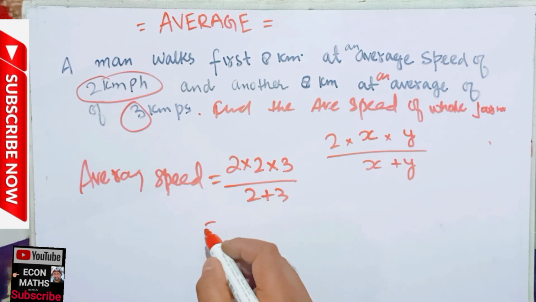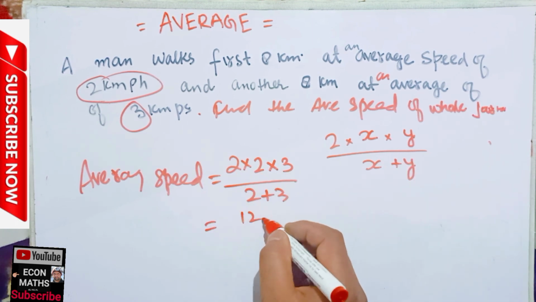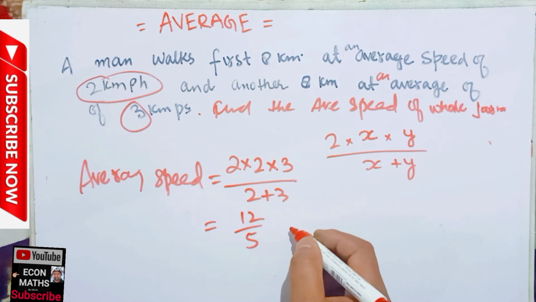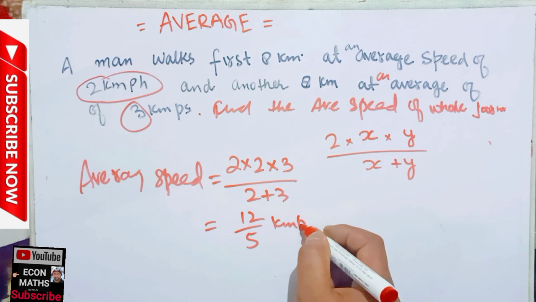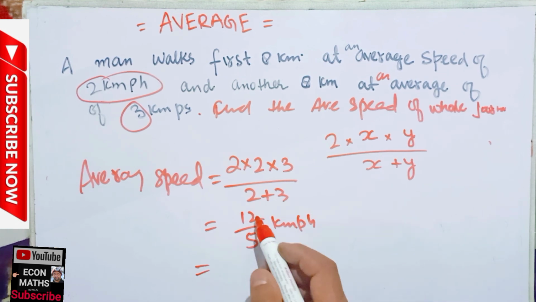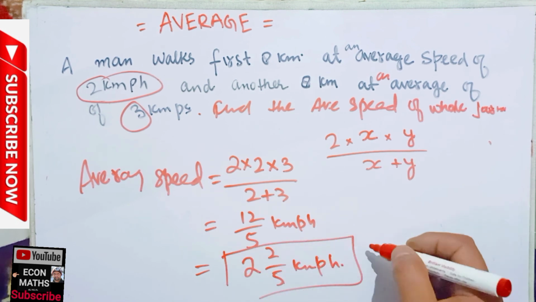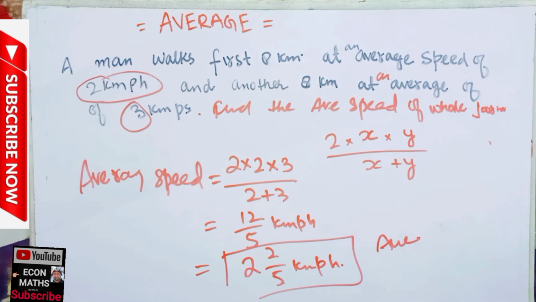So this is 2 times 6 is 12 divided by 5 kilometers per hour, which is equal to 2 and 2 by 5 kilometers per hour. This will be the average speed of the whole journey.